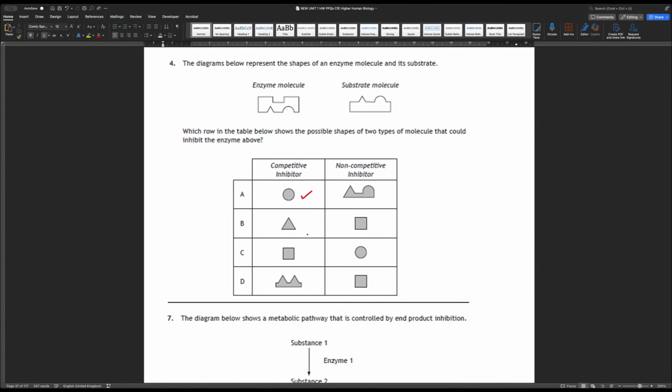Well, that one probably could, that one probably could, that one couldn't, and that one there also couldn't. Similarly, because that's the active site, this must be the point where the non-competitive inhibitor binds. So which of the non-competitive inhibitor shapes? This one here would fit on the non-competitive site, and this one here as well. That leaves us with an answer of B as the only one with both of them correct.